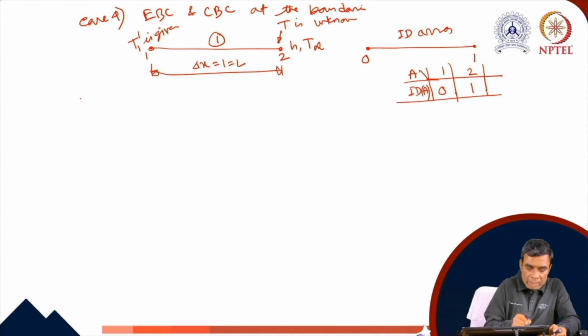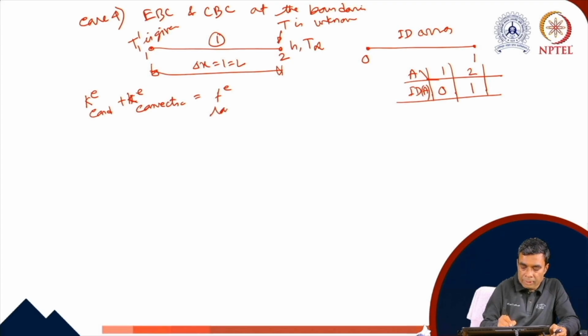Now, the element level matrix equation system can be constructed as Ke conduction plus Ke convection equals Fe due to source plus Fe due to convection.